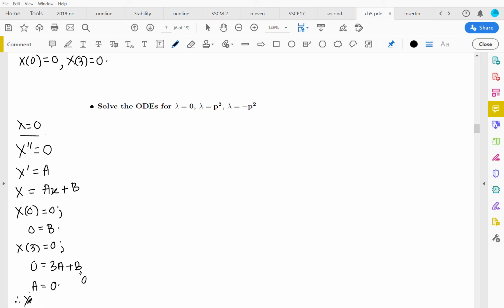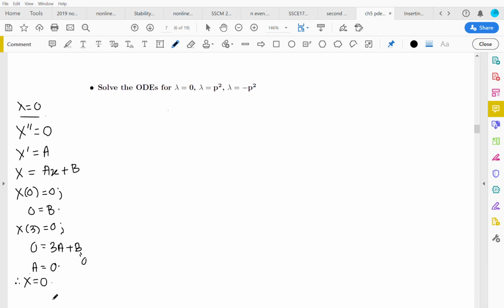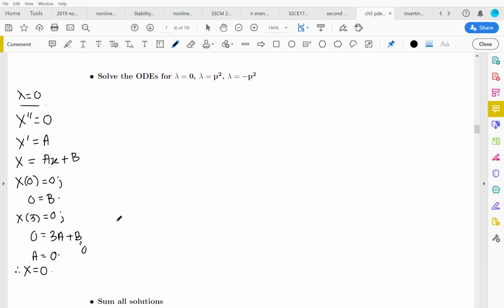So in this case, substituting a equals 0, b equals 0, we get the solution X equal to 0. Remember I said earlier, our aim for each case here is to have a solution u. Since X equal to 0, we don't have to solve equation T, because our aim is to get u, where u is equal to X multiplied with T. We know already X is 0, so we already get the solution equal to 0.